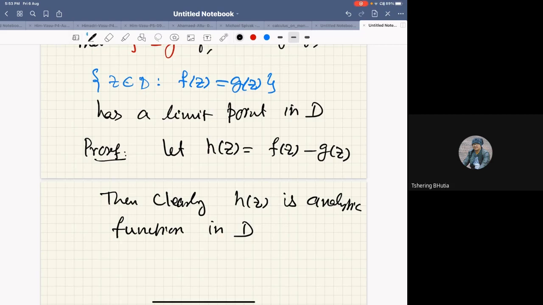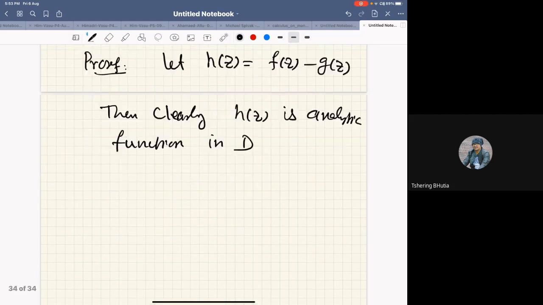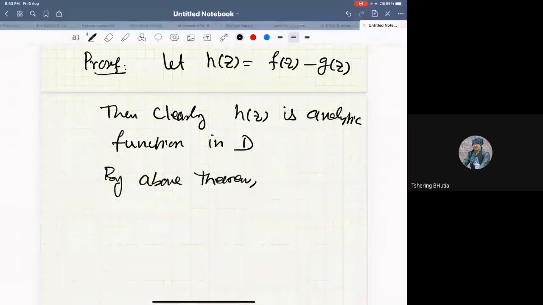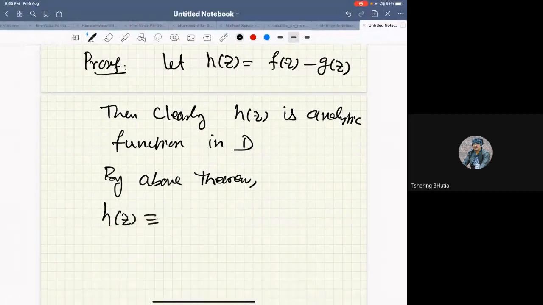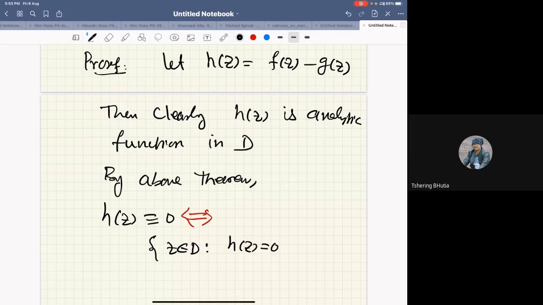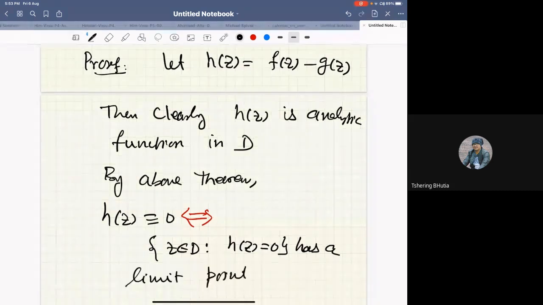Now, by the above theorem, h of z is identically equal to 0 if and only if the set of all z belonging to D such that h of z equals 0 has a limit point in D.